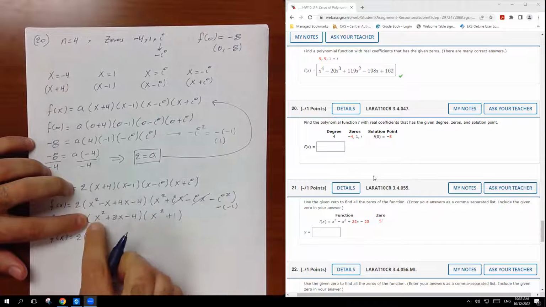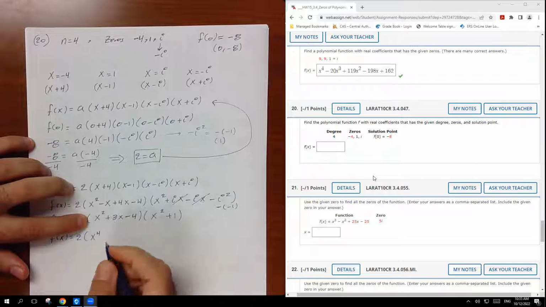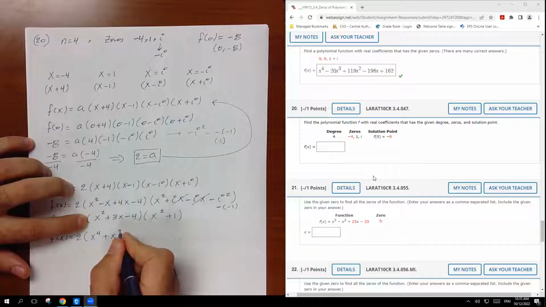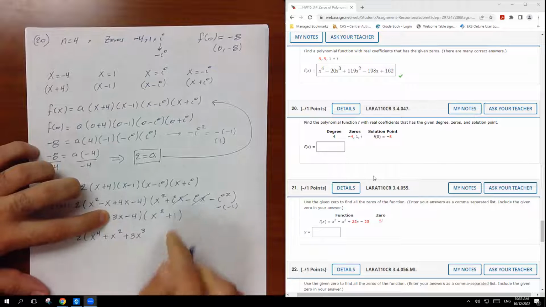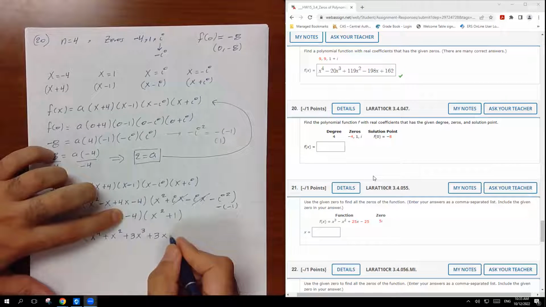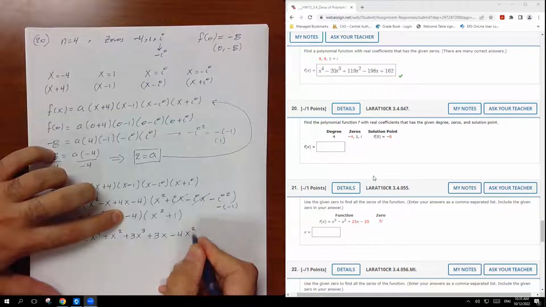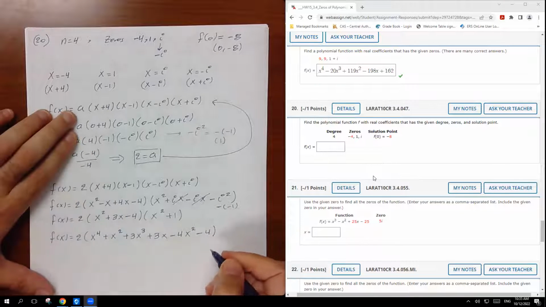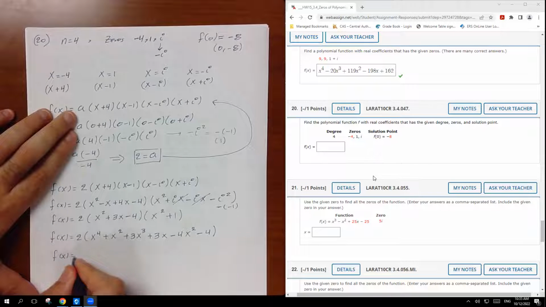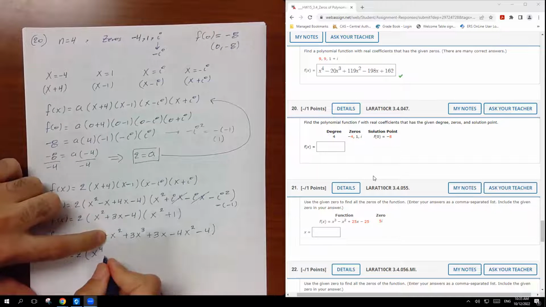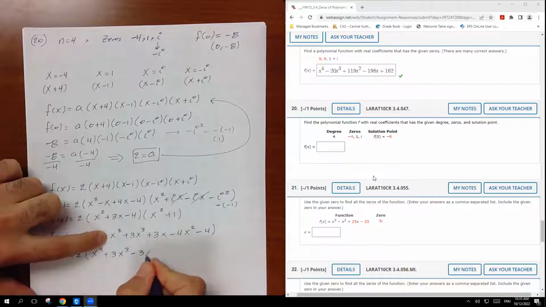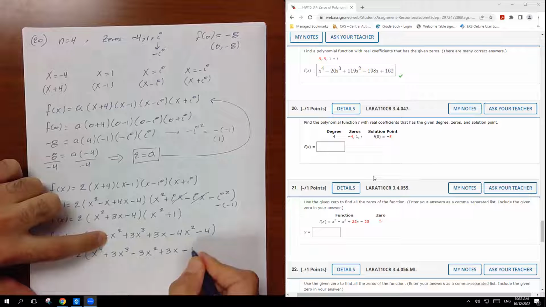Now I'm going to distribute everything here. x squared times x squared is x to the power 4. x squared times 1 is x squared. 3x times x squared is plus 3x cubed. 3x times 1 is plus 3x. Negative 4 times x squared is minus 4x squared. Negative 4 times 1 is minus 4. Let's simplify: x to the 4th plus 3x cubed, then 1 minus 4 gives minus 3x squared, plus 3x minus 4.